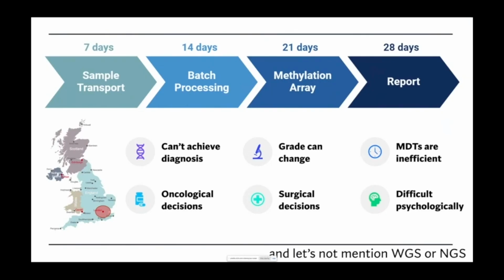Those are just thinking about the clinicians. We're not thinking about the patients who have to deal with the delay in knowing, and their families in knowing, the outcome. And I mentioned here let's not even mention whole genome sequencing and panels and such, because they will typically be ordered after you've got the array. So the delays build and build.